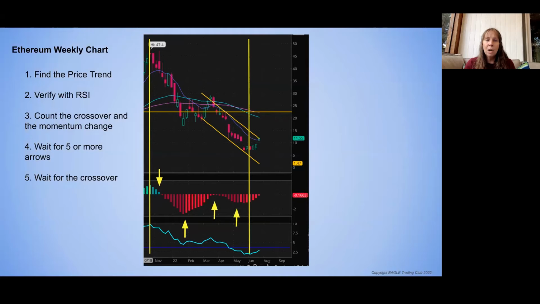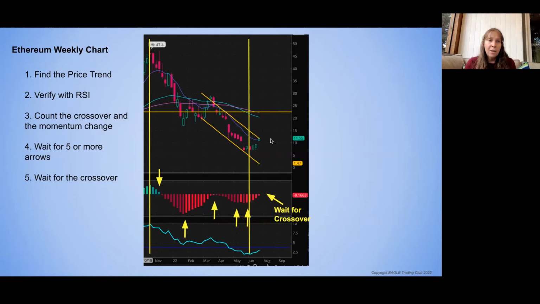I'm going to keep marking them for you. And if you count them between our 2 lines, our highs and our lows, we get 1, 2, 3, 4, 5. He says 5 or more. Sometimes you can have 6, 7, 8, 9, whatever, but there's 5 here. And then what he's saying is that you would wait for this chart to cross over. And that would mean your downward trend is going to start an upward trend.